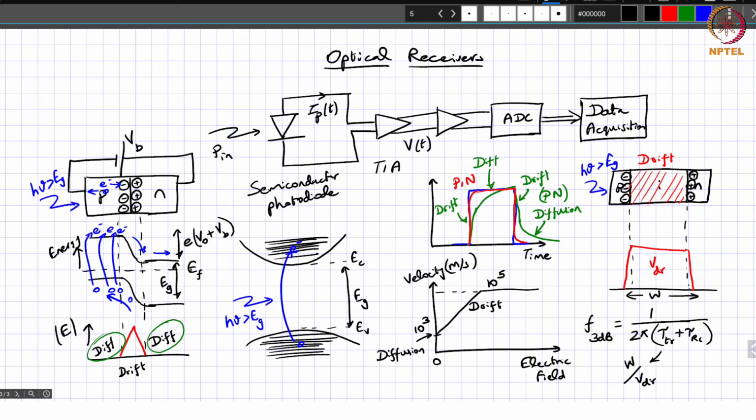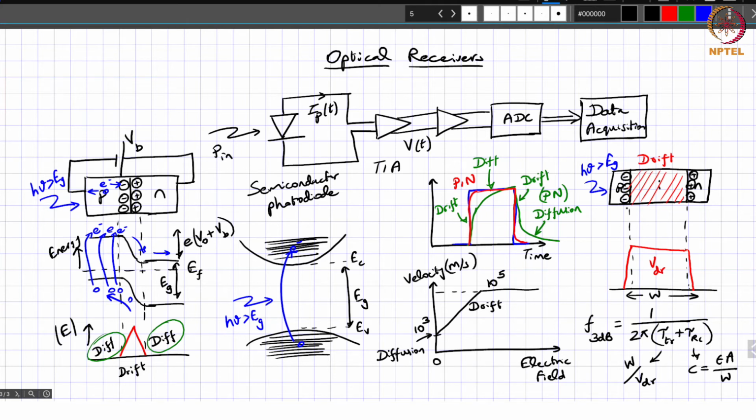And tau RC corresponds to the RC time constant, where R is the serial resistance that you have over here, and C corresponds to the capacitance of this junction, which is given by epsilon times A over W.